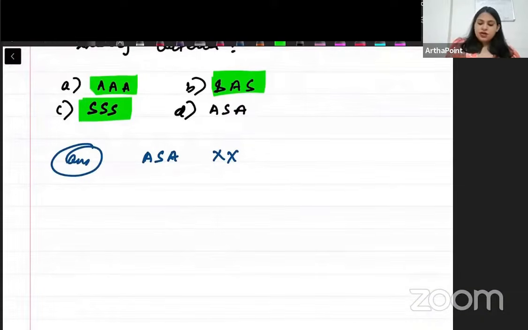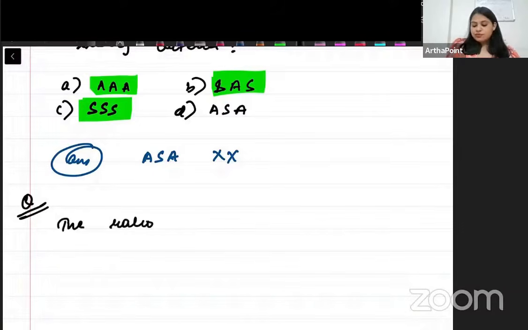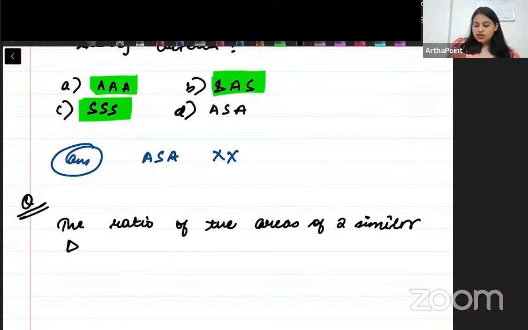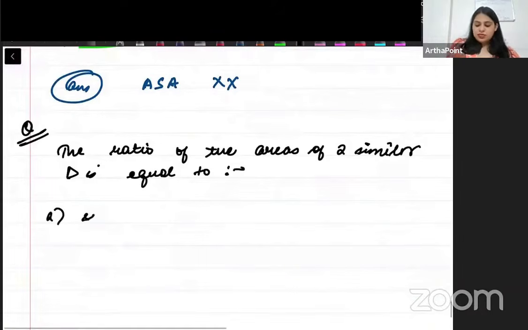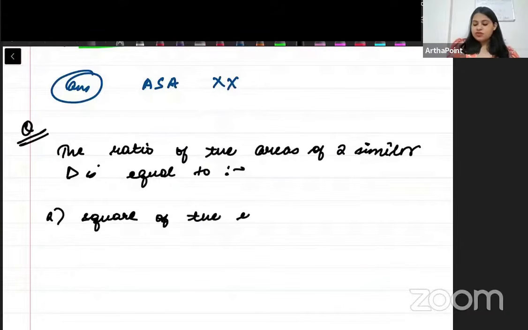Okay. Come to the next question, beta. The ratio of the areas of two similar triangle is equal to A square of the ratio of their corresponding side.